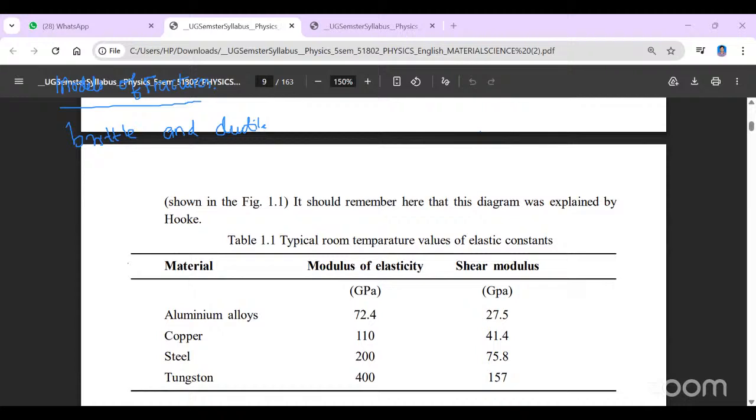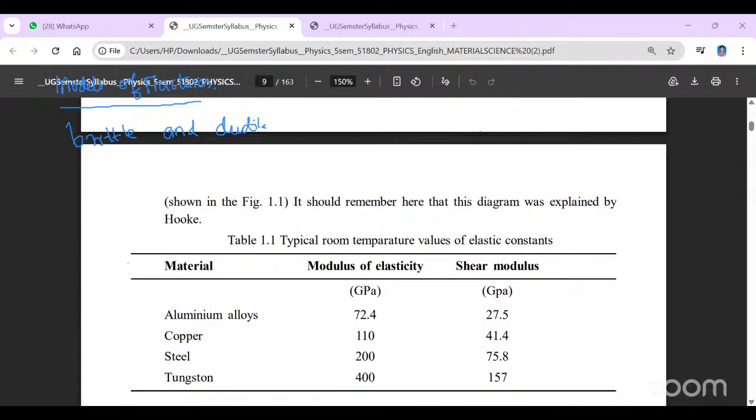That means ductile fracture has more elongation before fracturing, so it can withstand some amount of stress, whereas brittle fracture withstands only very little.